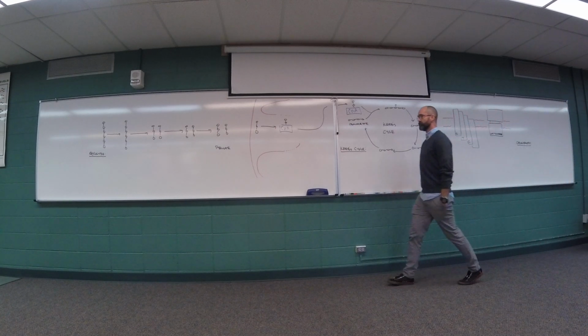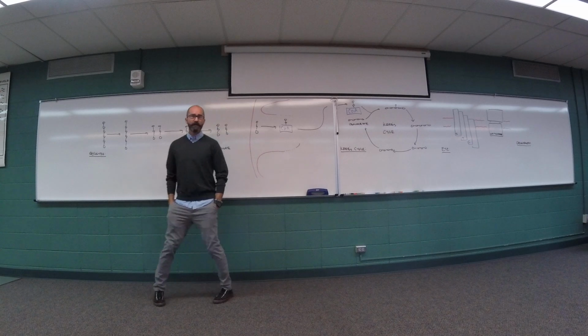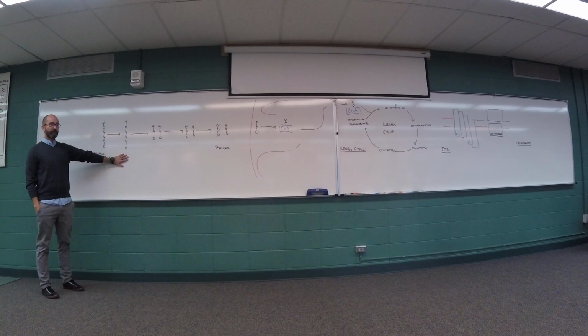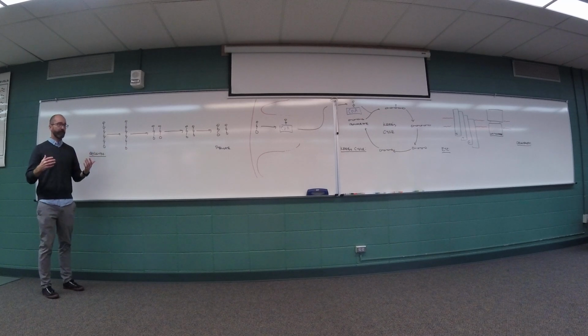Okay, so cellular respiration begins outside the mitochondrion, right? So this reaction, glycolysis, occurs entirely within the cytosol. And remember, the purpose of glycolysis is just to take a glucose molecule and to break it down into pyruvate.